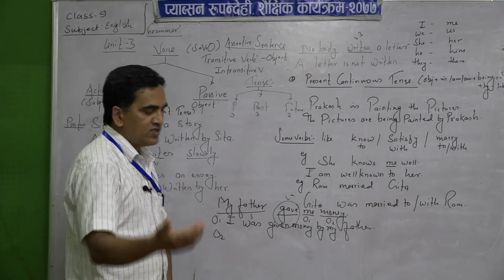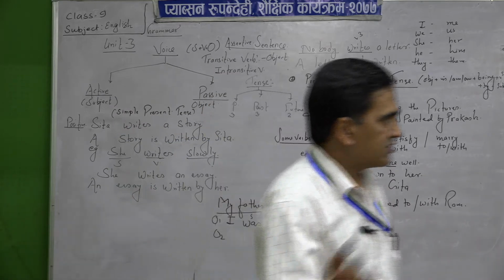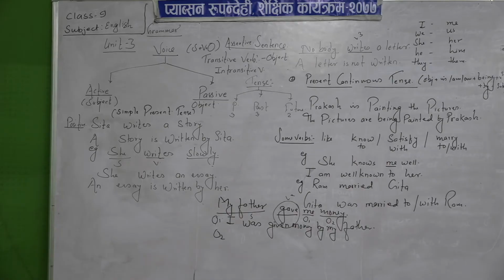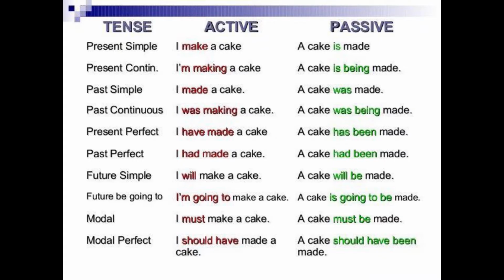So once more I would like to remind you, from slide 1 please. This is active passive tense, present tense, present continuous. Next slide. It is also tense, active, passive.